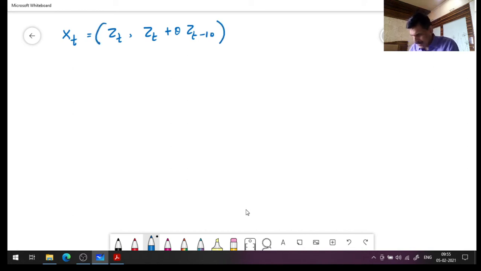This is my xt, with the second component plus theta zt minus 10. Here you can see that mu equals 0, the zero vector.